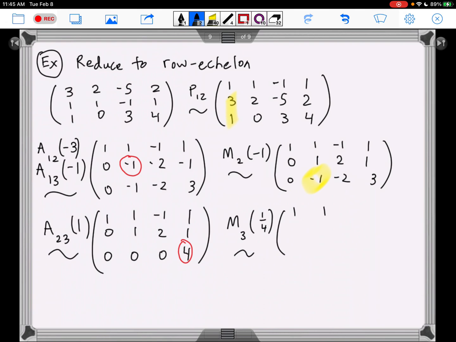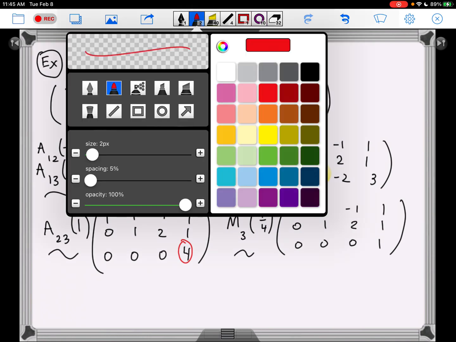And we get 1, 1, negative 1, 1, 0, 1, 2, 1, and 0, 0, 0, 1. There we go. We've got our row echelon there. Let's put a little box around that guy.